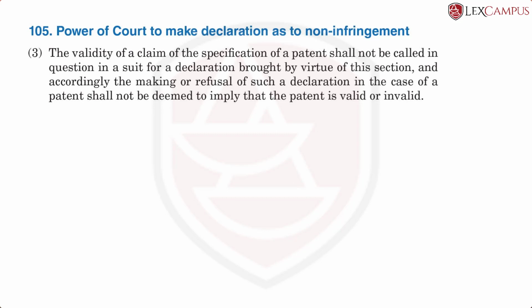The entire proceeding is simple because the task of the court is to interpret the claim as claimed in the patent and to see whether the article that is being disclosed or the process that is being disclosed by the potential infringer falls within the scope of what is being claimed. If it does not fall within the scope, the court will grant a declaration that this process is non-infringing.